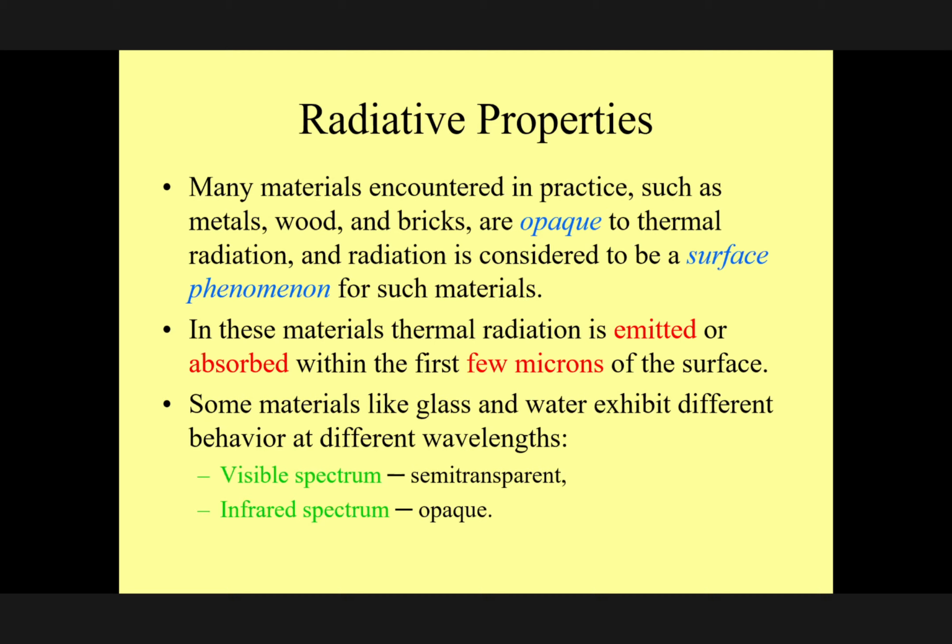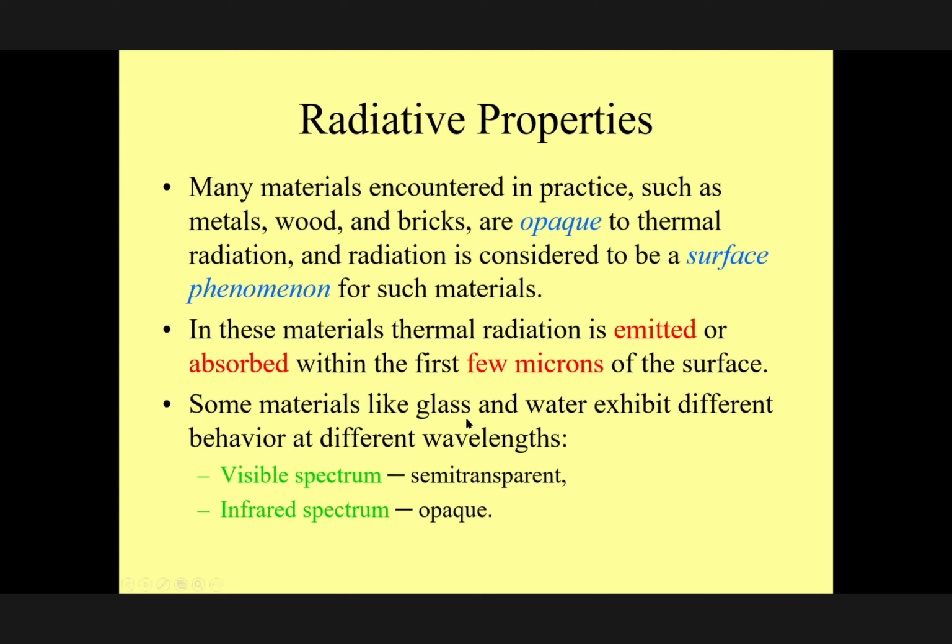No thermal radiation will pass through it, okay. And radiation is considered to be a surface phenomenon. In these materials, the thermal radiation is emitted or absorbed within the first few micrometers. Therefore, when energy reaches the surface, it will not penetrate. It's only at the surface level. A few micrometers will be absorbed, okay? And the rest will be either reflected or emitted, okay?